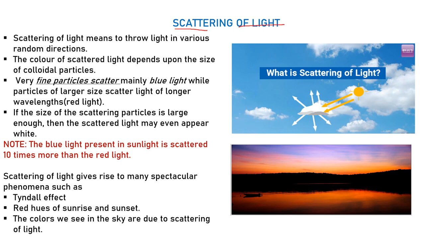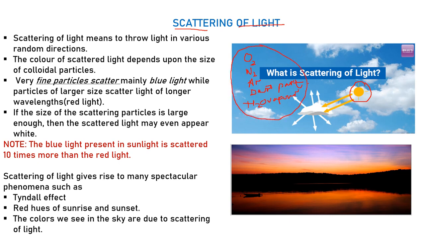Here we can see the sunlight coming through the atmosphere, and we know that in our atmosphere there is oxygen, nitrogen, argon, and there are dust particles, I'm writing the short form, PART, and water vapors, H2O vapors, and they are present in the atmospheric layer.